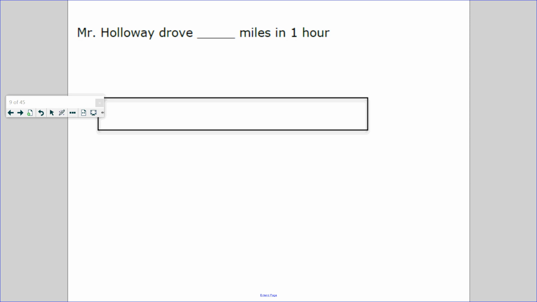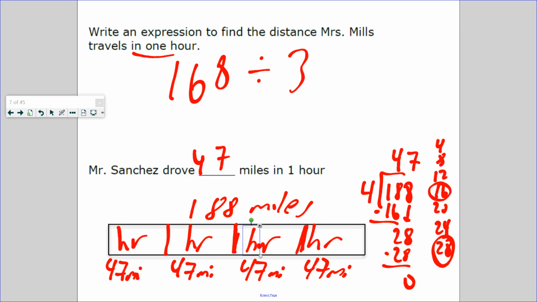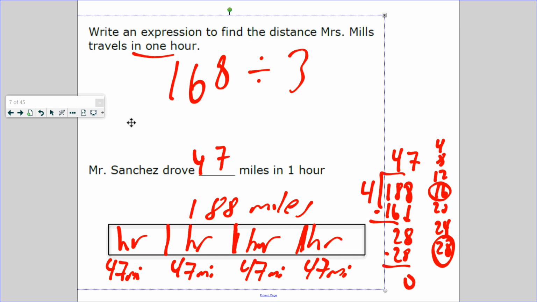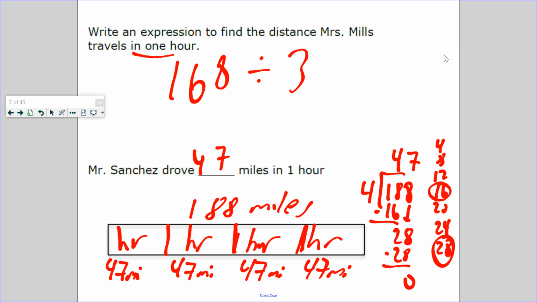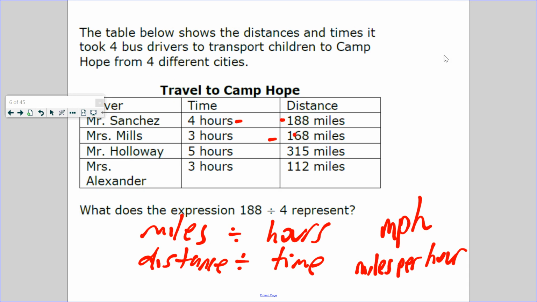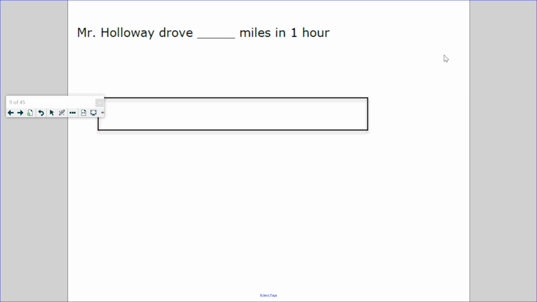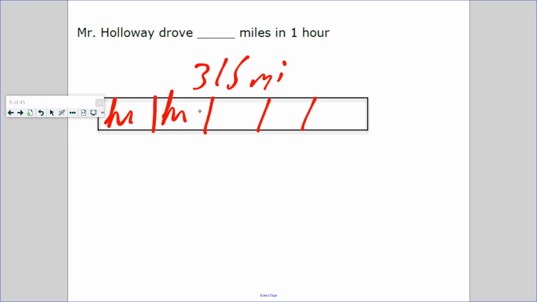Next person, Mr. Holloway. Holloway is 315 miles, 5 hours. So we need to split this into 5 different sections. This represents hour, hour, hour, hour, hour. That's cursive, by the way, HR.